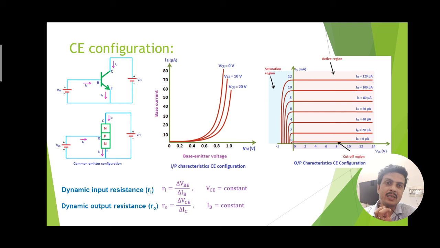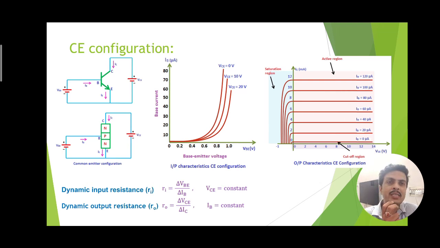As the base emitter voltage is increased, initially no considerable base current is obtained, but after a certain base emitter voltage, of the order of a fraction of 0.6 volts, the current starts to rise. The base current will be increasing in the range of microamperes.